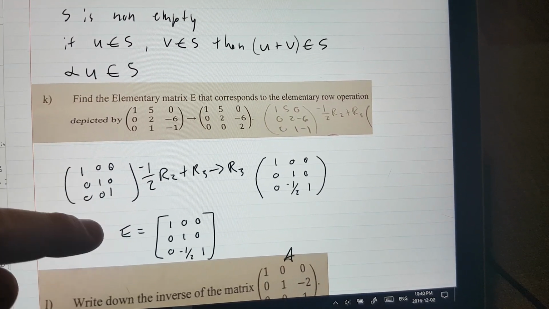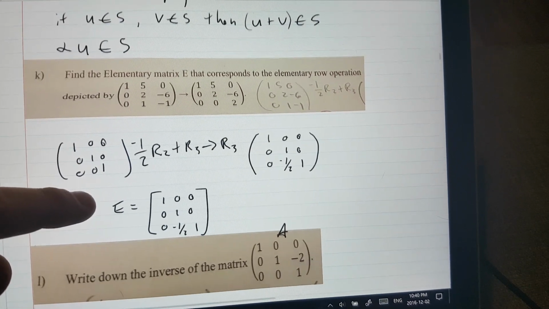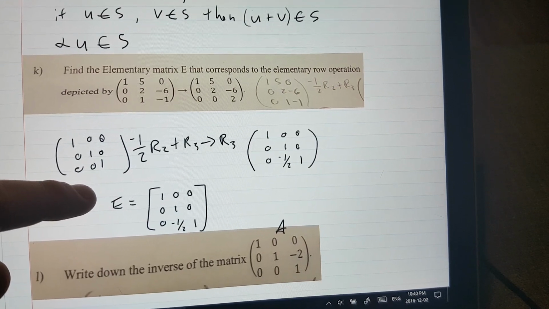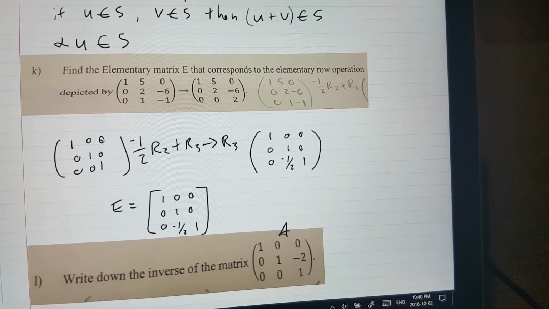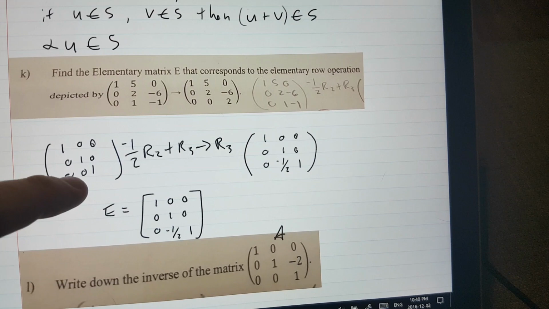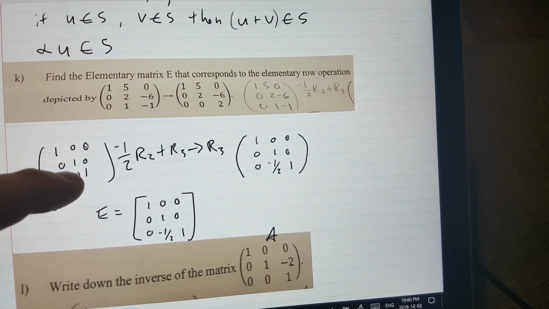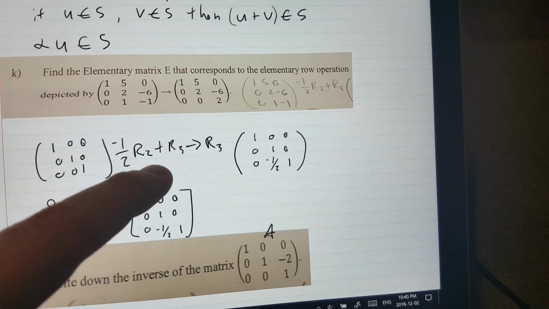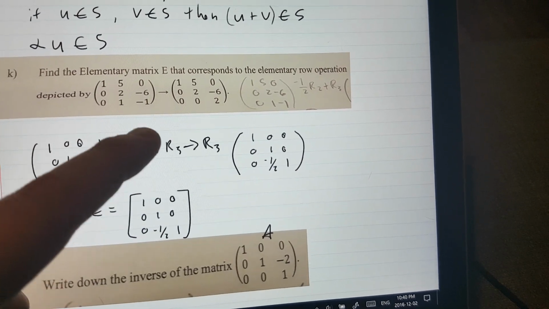Find an elementary matrix that corresponds to the elementary row operation. Whatever you did to make it happen, you took negative 1/2 row 2 plus row 3.